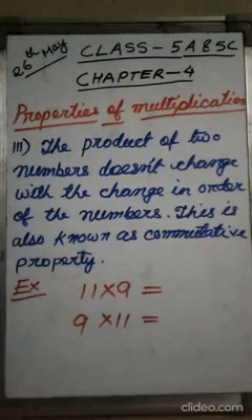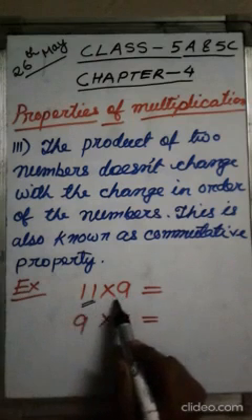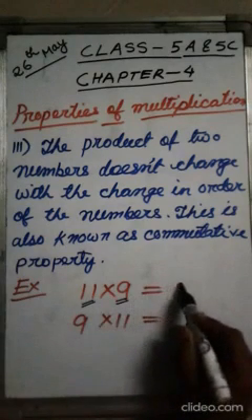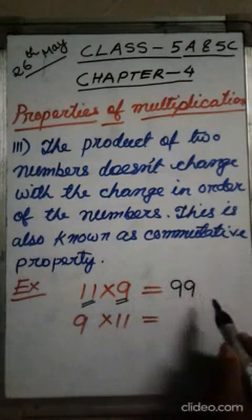Property number 3: the product of two numbers doesn't change with the change in order of the numbers. This is also known as commutative property. So, suppose we are multiplying two numbers, 11 and 9. 11 into 9, we know it is 99.